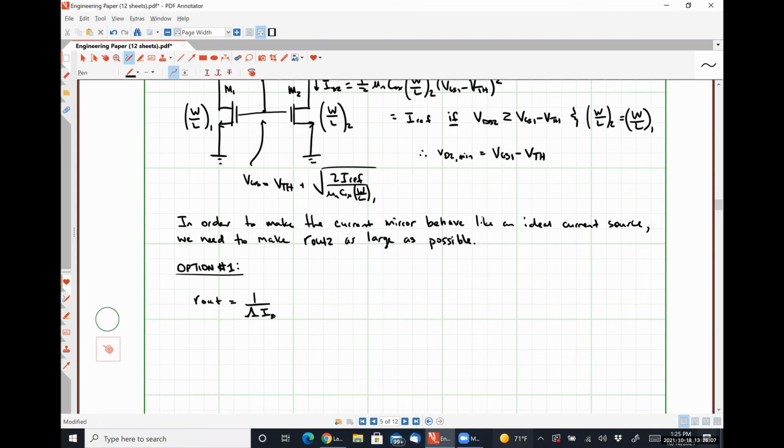So what we could do is make gamma smaller, right? Because the smaller gamma is, the larger R out will be. So my question to you guys is, how do we make gamma smaller? Or not gamma, uppercase lambda, my apologies.